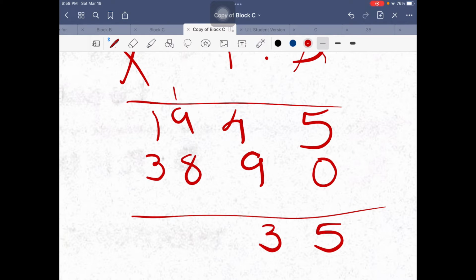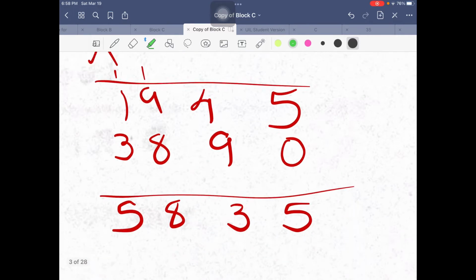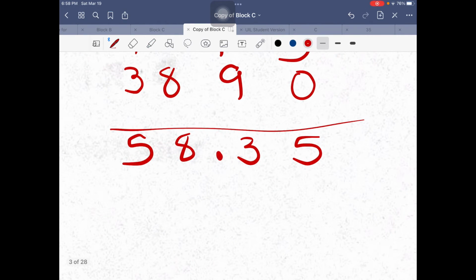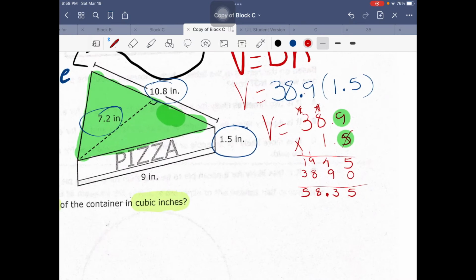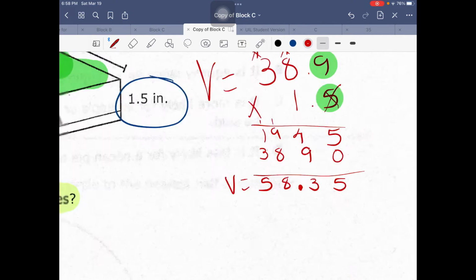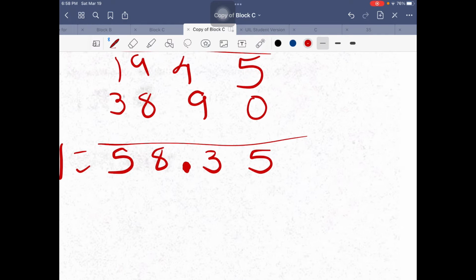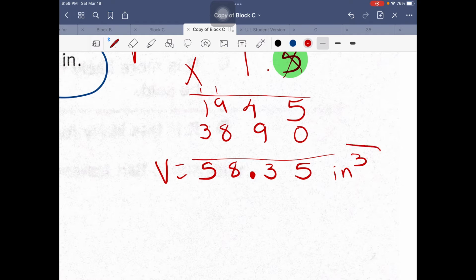And the 1 goes at the top. 1 plus 9 is 10. Plus 8, 18. 3 plus 1, 4. Now, how many decimal places do I have? 1, 2. So that means 1, 2. My answer, my volume, specifically, should be 58.35 cubic inches. There we go.